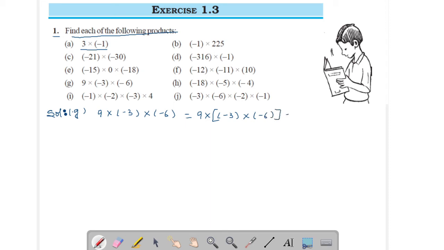Solve the big bracket: minus 3 into minus 6, minus minus plus, 3 6 18. This can be written as 9 into 18. Multiply 9 into 18, you will get 162. This is your answer.